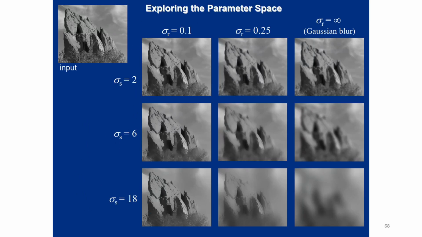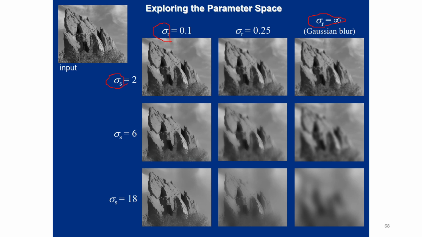And the authors show an example. When we set a different range factor and different space parameters, we will generate a different result. And if the parameter for the range filter, sigma r, is infinity, it means what? It means for every pixel on the image, you treat them the same. So it is just a regular Gaussian filter.